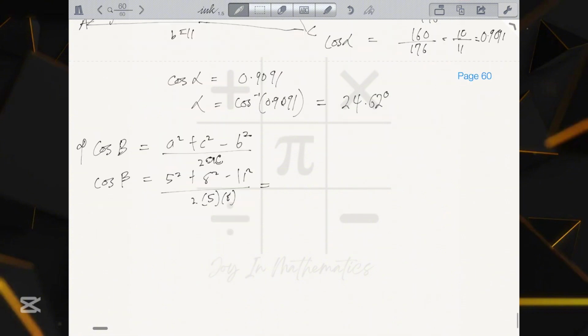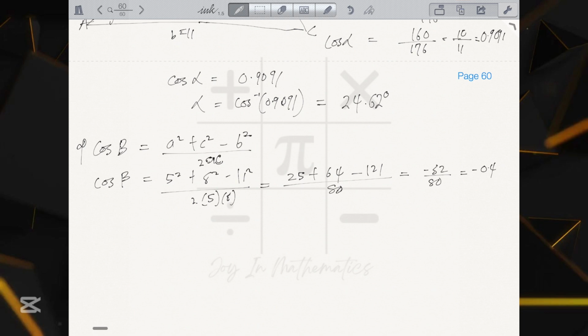So we have 25 plus 64 minus 121, all divided by 2 multiplied by 5, which is 10, multiplied by 8, and that will give us 80. And this will result in minus 32 divided by 80, which is equal to minus 0.4.